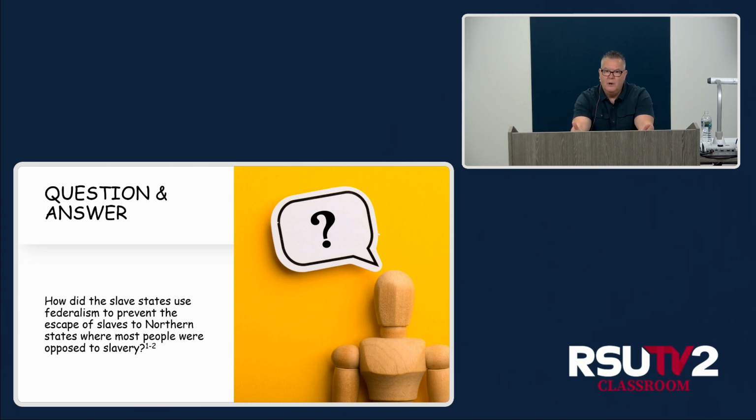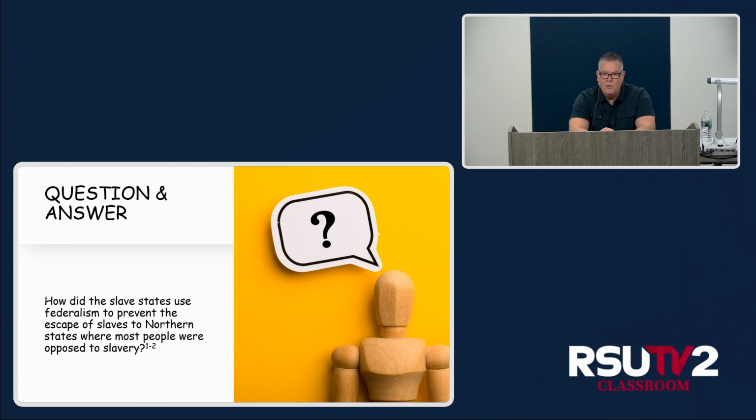The lawyers of slave owners were legally within their rights to go to northern states and say, you have a person who is an escaped slave, and we want that person returned. We want to use the assistance of state and local law enforcement to catch those people and to bring them back to their state of servitude.